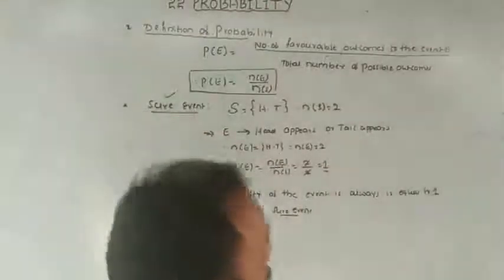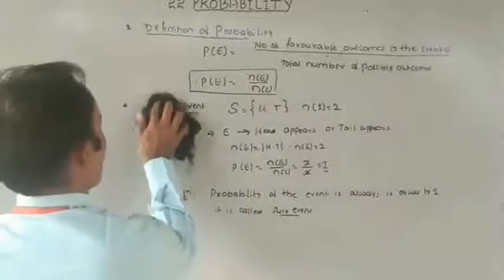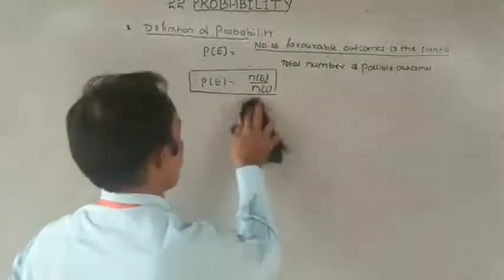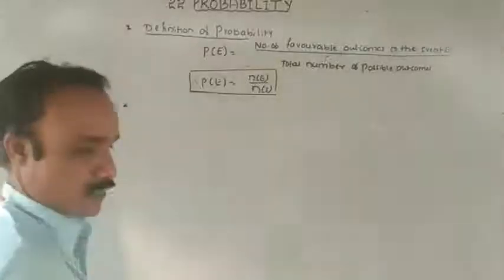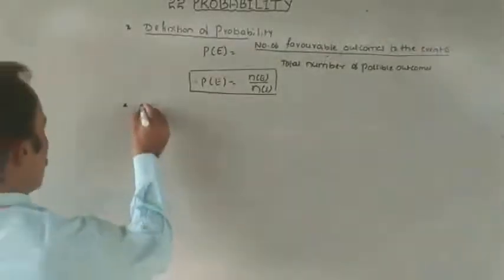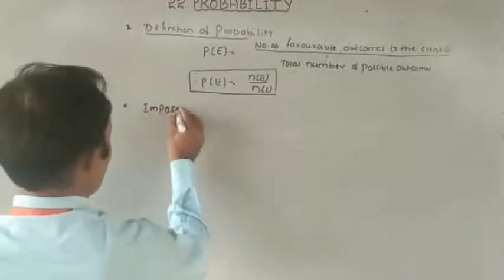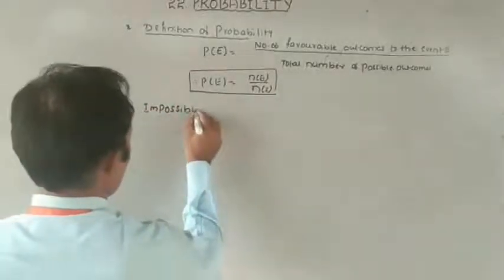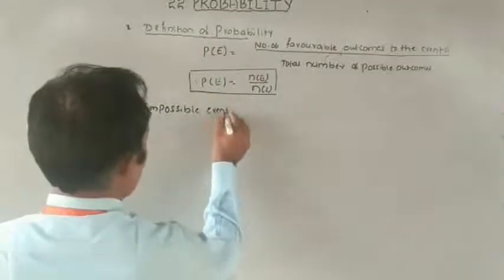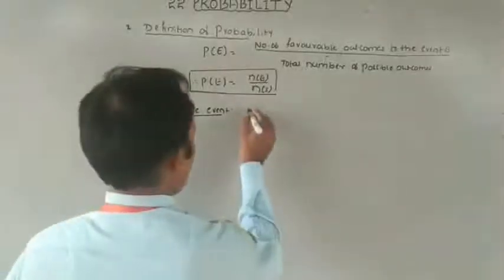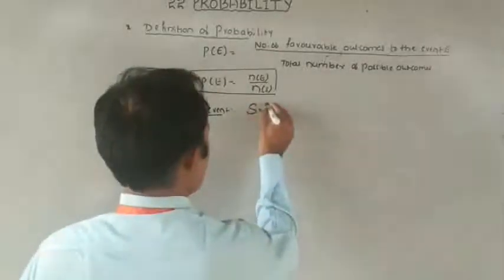Okay. Next we'll discuss the next one, impossible event. Impossible, cannot happen. For example, throwing a die once.